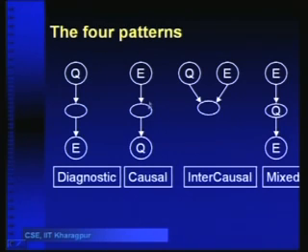Then causal is where the query is further down in the belief network. So, it is like probability of John calls given burglary, right, and this is like probability of burglary given earthquake, right.